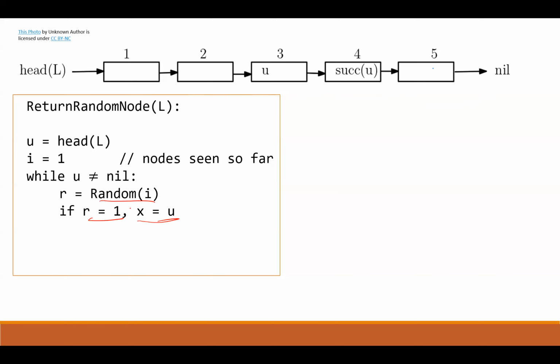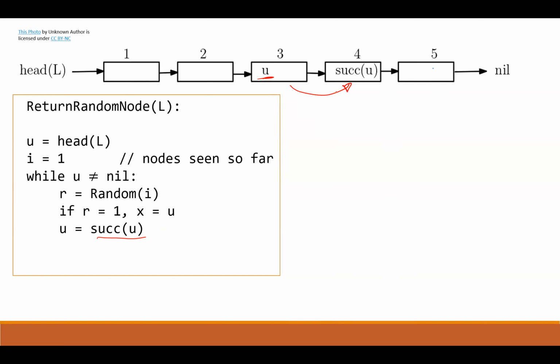And that is with probability, well, I is the current location. So if I'm at location 3, it's with probability 1/3. If I get 1 out of these 3, then I throw away what I had before and I grab whatever value's there. And then I move on to the next node. So this is the successor function: if I'm at node U, I call successor, it returns the next node.